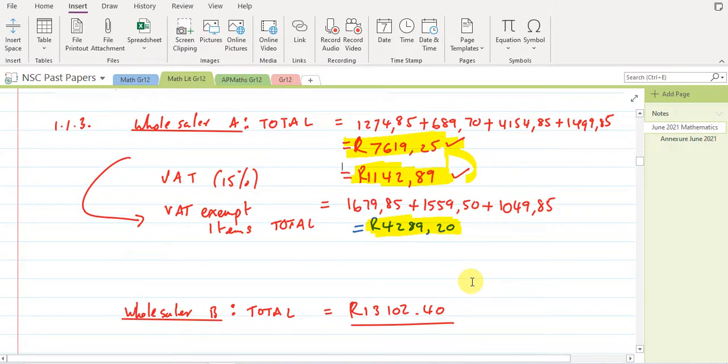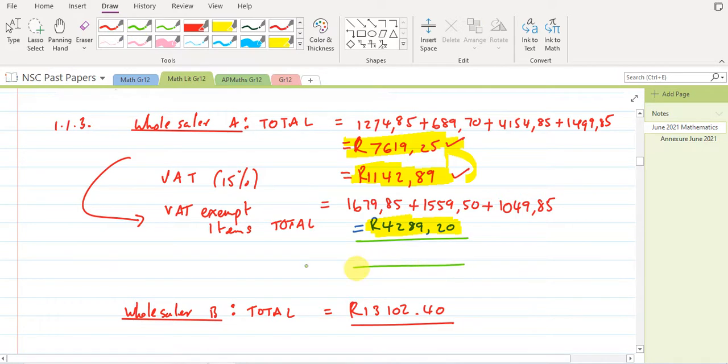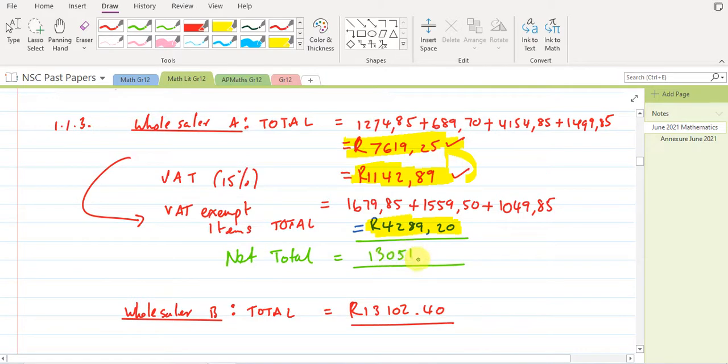So let me bring up wholesaler B's price. Now if you total all this up, what we're getting is the net total for everything. So 4,289.20 plus 1,142.89 plus 7,619.25, and my answer is 13,051.34.